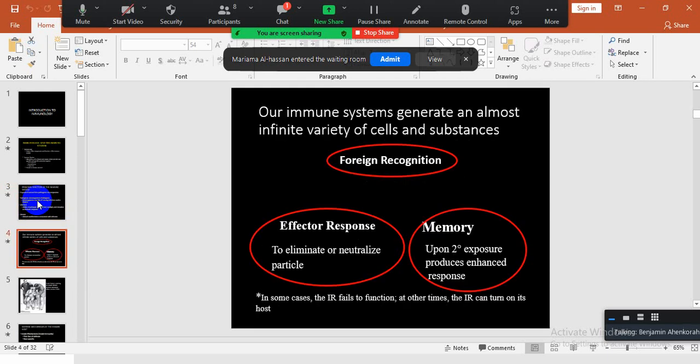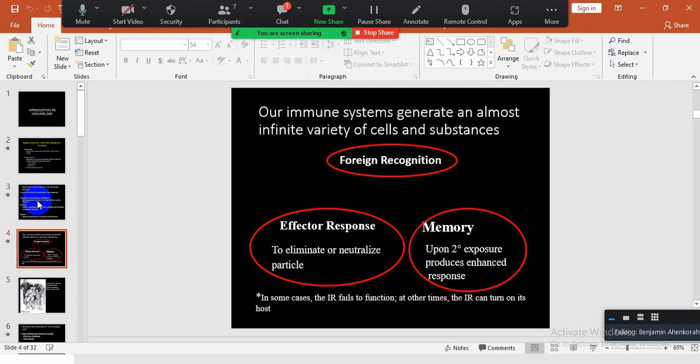Our immune system generates an almost infinite variety of cells and substances. Some of these substances are from the outside world or from the environment, and the body is able to recognize these outside organisms or environmental agents. So we call it foreign recognition.